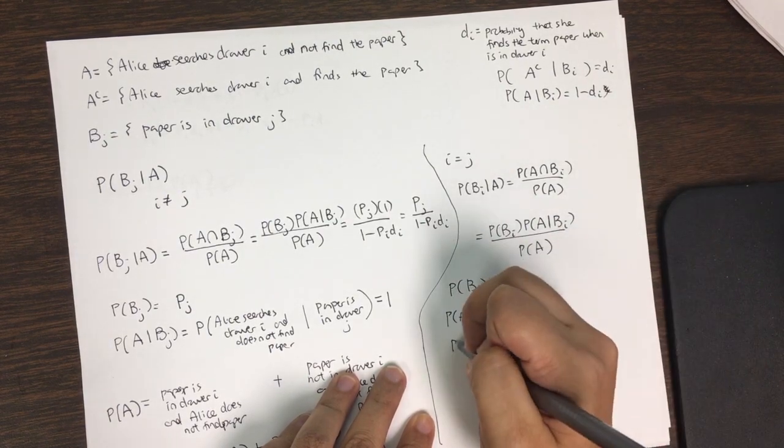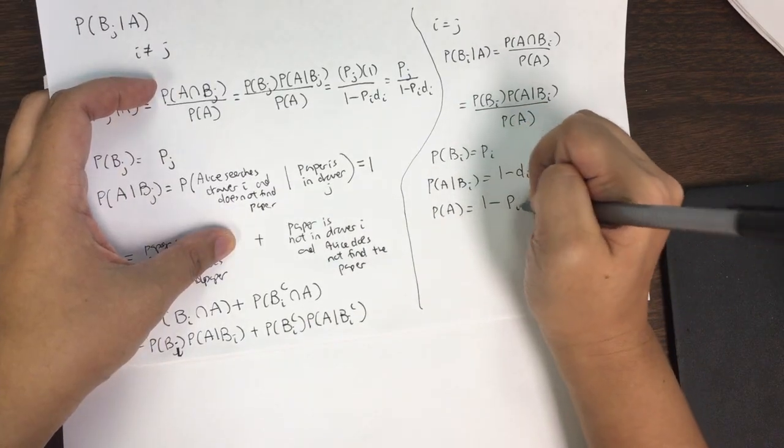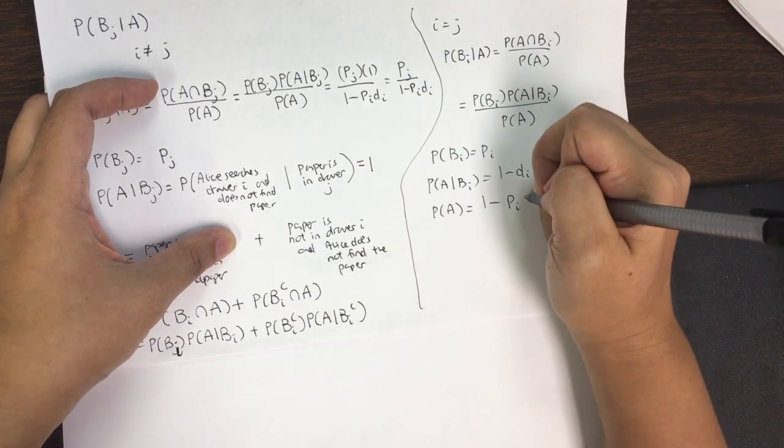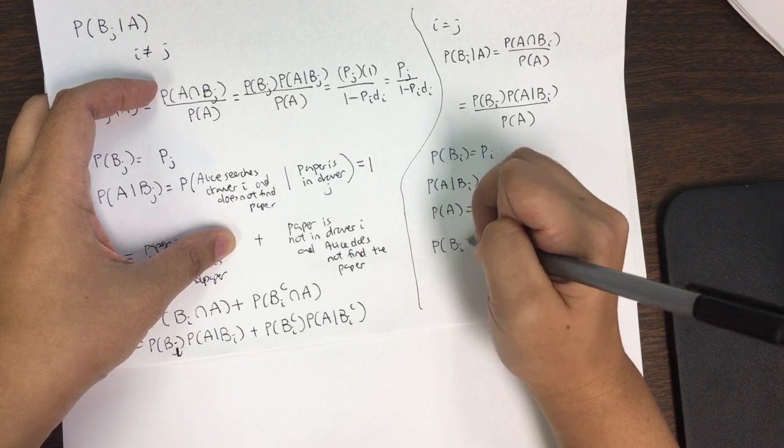And the probability of A, which we found from the previous one, is 1 minus PI DI.